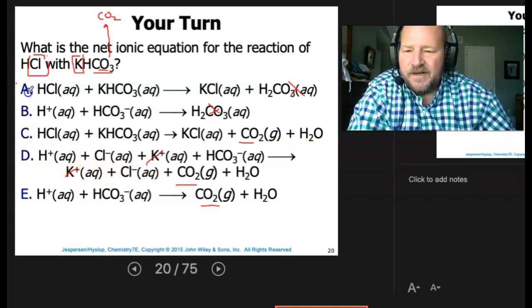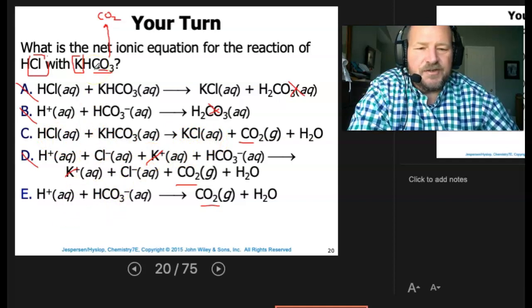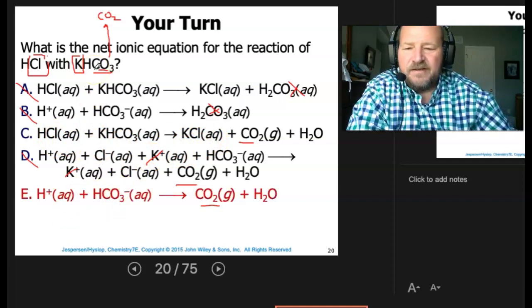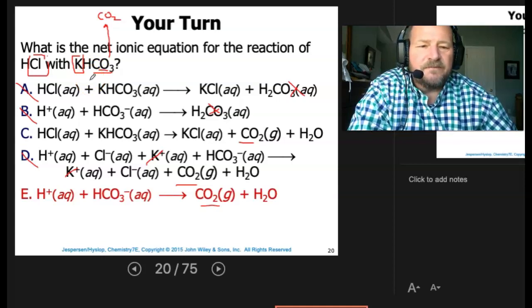So now we've eliminated A, B, D. Still not happy with C. I mean, this should break apart to H plus and Cl minus. This one should have broken apart to K plus and Cl minus. That makes me think the Cl minuses should cancel out. And of course, they should cancel out, which means my answer then is E. Hopefully you did well there.